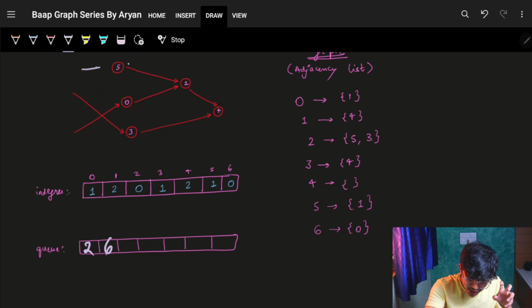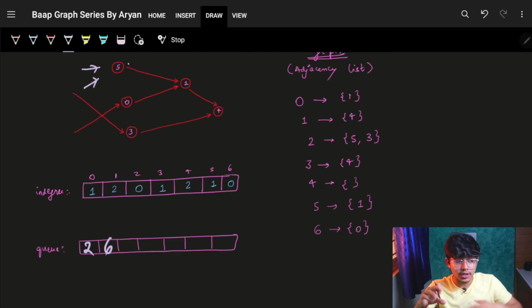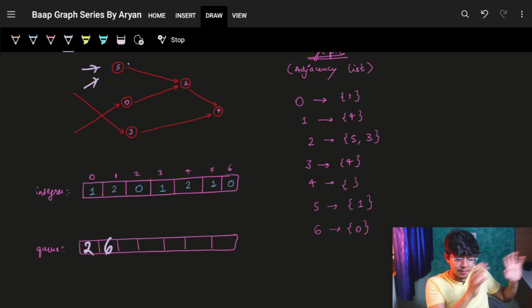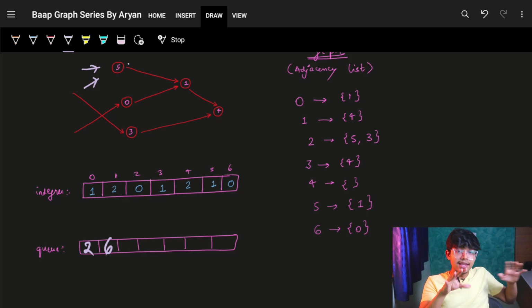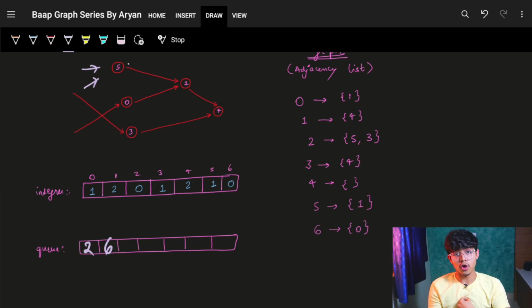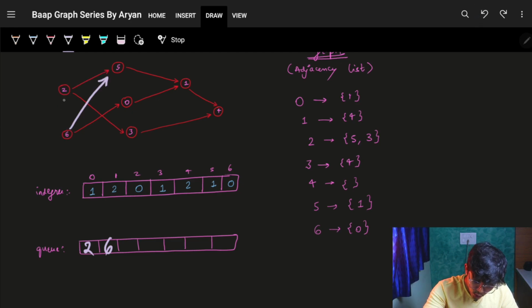As I said, a topological sort is when your previous things have been solved entirely, only then can I start solving myself. Earlier we saw that 5 was dependent upon both 2 and 6.